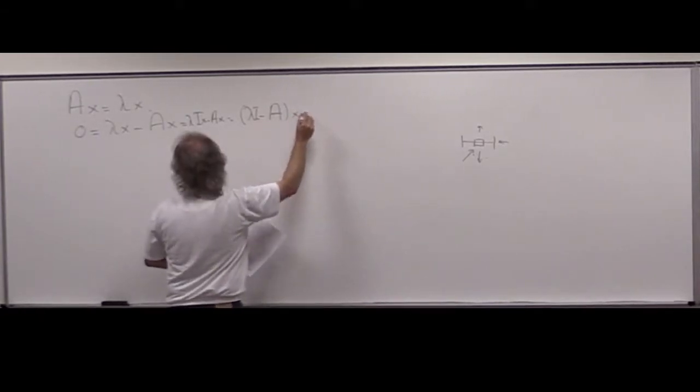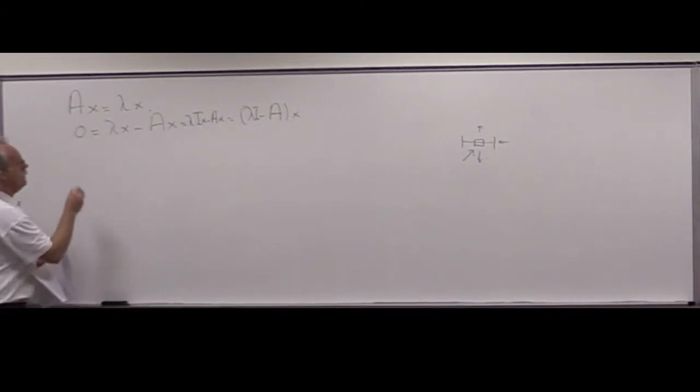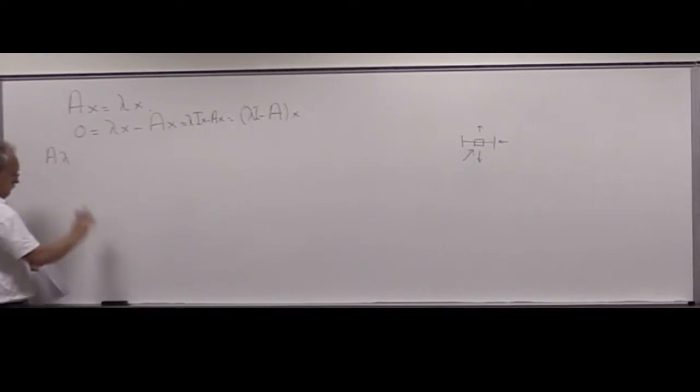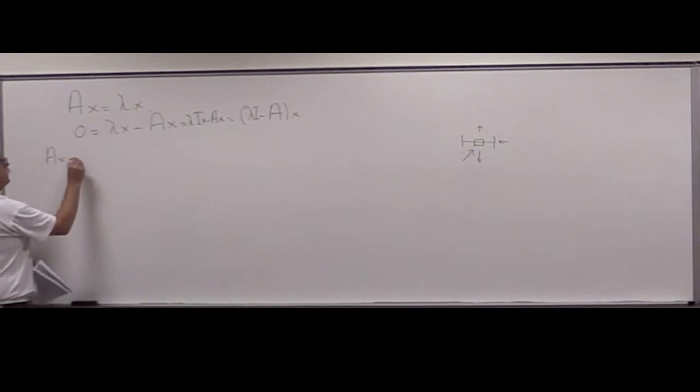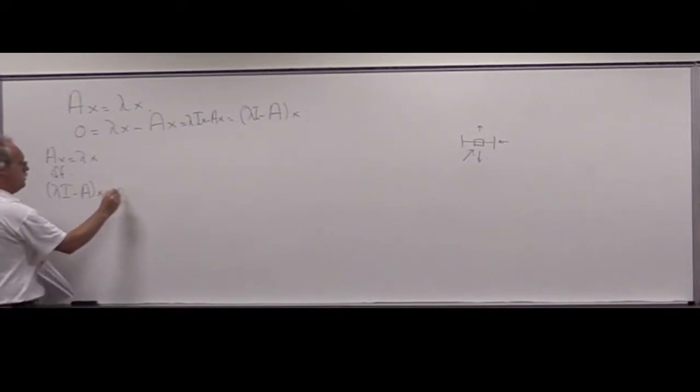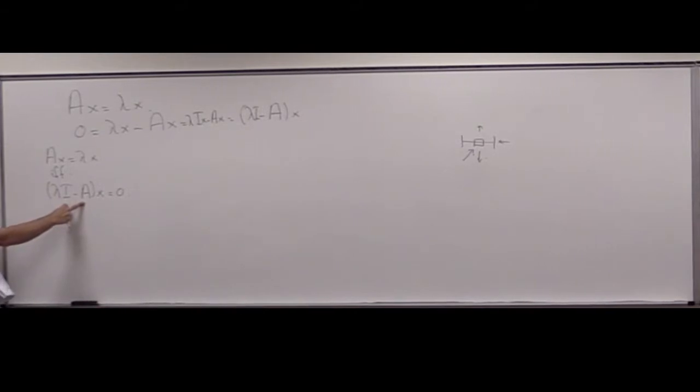And notice that we know, therefore, that A x equals lambda x if and only if lambda I minus A times x is equal to 0. And of course, sometimes people write this as A minus lambda I. We're going to write lambda I minus A. Same difference, okay?